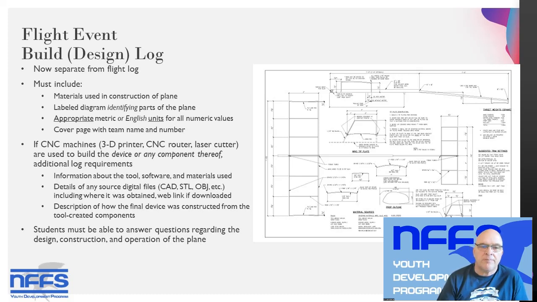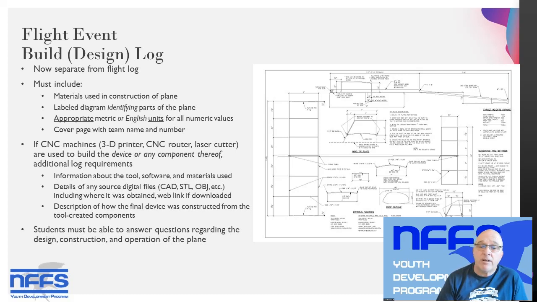If you have computer numerically controlled machines making any of your parts, this would be 3D printer, CNC router, laser cutter, any of that sort, and you've used parts made in those ways, you have additional requirements in a log.